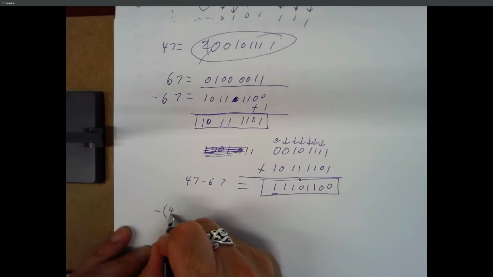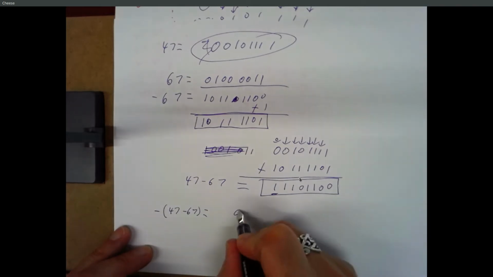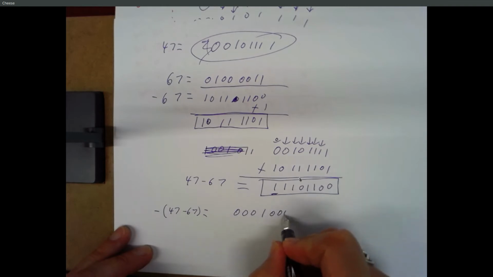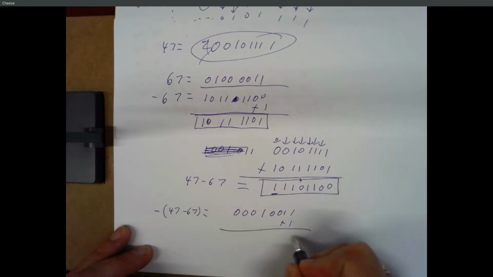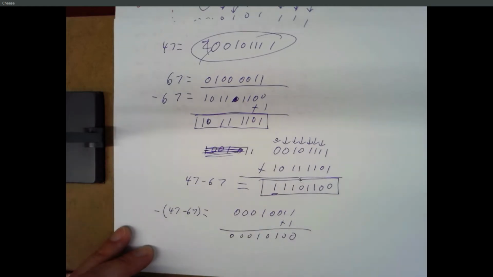So the negative of 47 minus 67 is 0, 0, 0, 1, 0, 0, 1, 1 plus 1. So that's 0, 0, 1, 0, 1, 0, 0, 0. And add up the powers of 2. This is equal to 20.